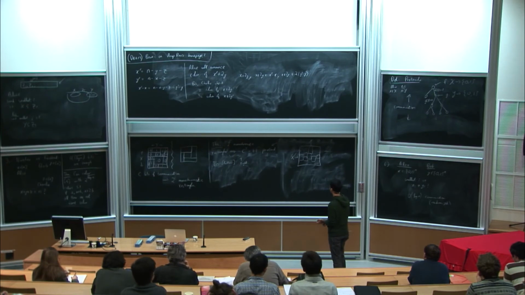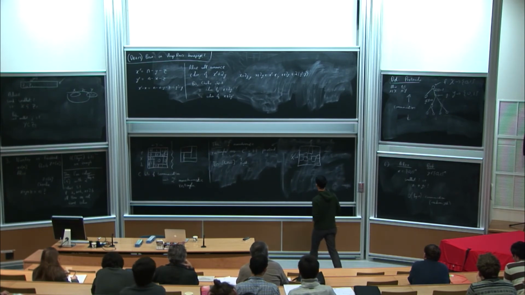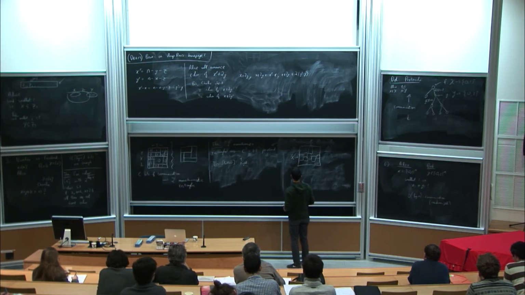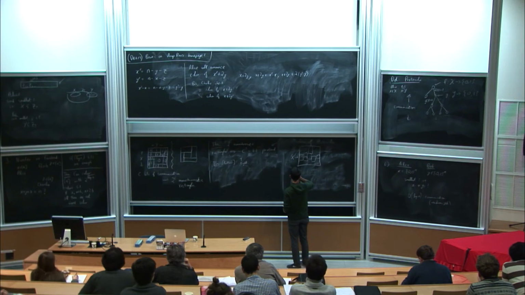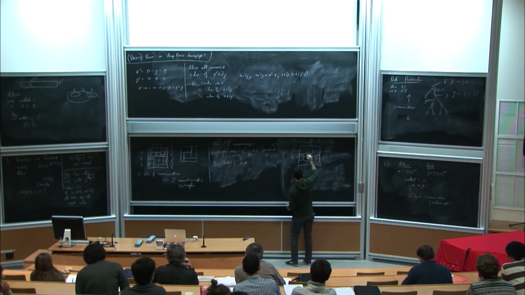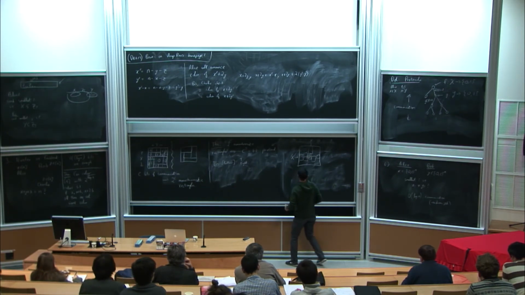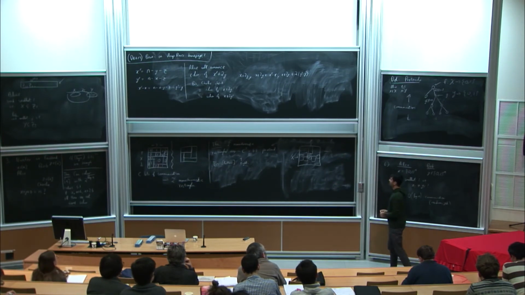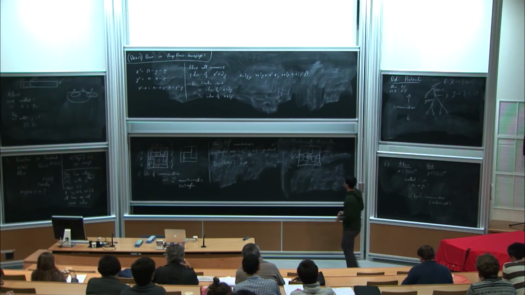So here's the idea. Suppose Alice announces this rectangle. Then what can Bob do?